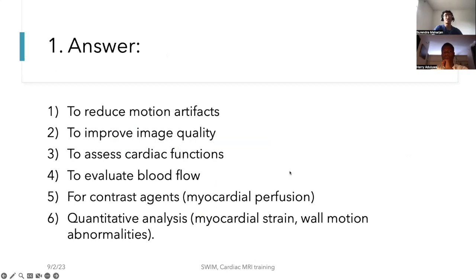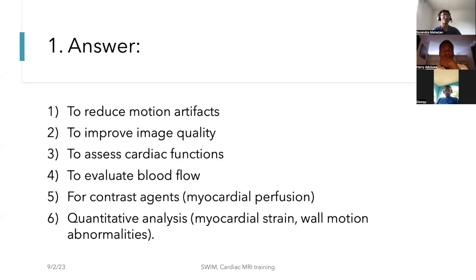Why do we need that? Because the heart is always in motion, and the whole heart is surrounded by moving organs: the lungs, the diaphragm, the liver, and the blood vessels. Everything is moving. So we need to reduce the motion artifacts and improve the image quality, and we can assess some cardiac function like ventricular ejection rate or myocardial perfusion, and also evaluate blood perfusion and blood flow.